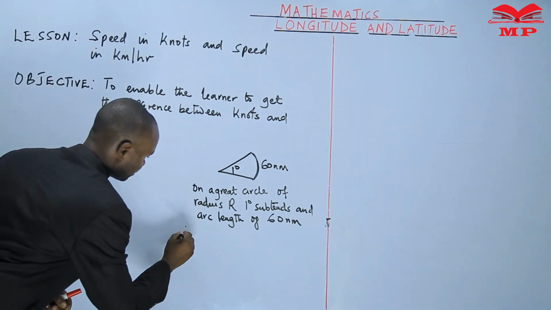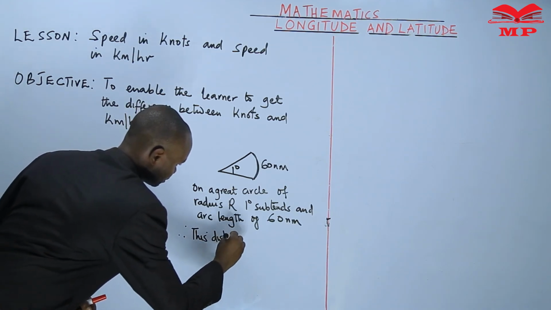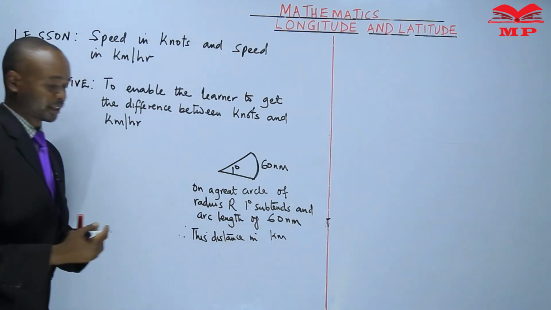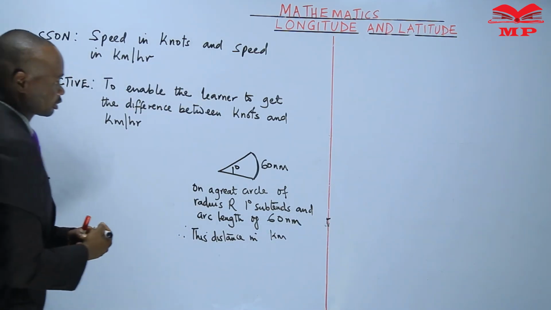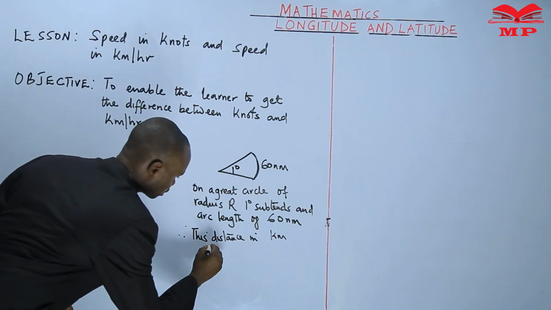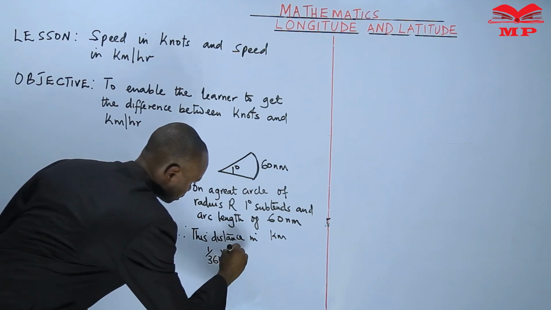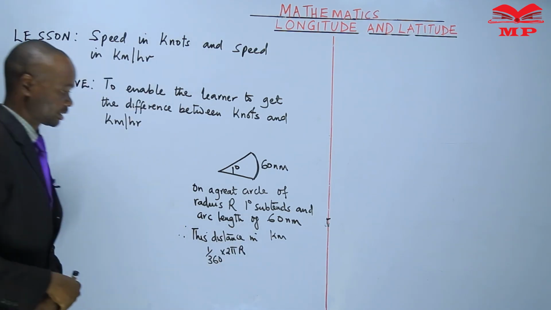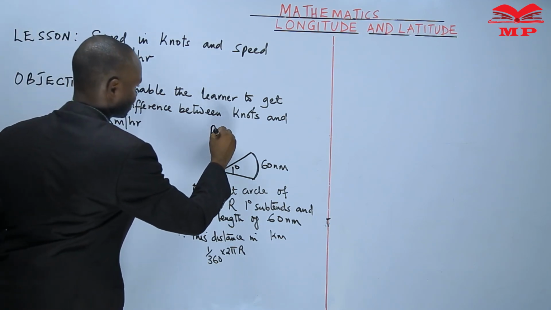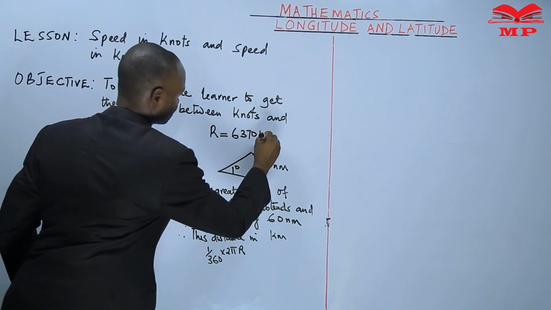So this distance in kilometers: because this is 1 degree, and a complete rotation is 360, it is 1 over 360 times 2 pi r. In this case, you take r as 6,370 kilometers.